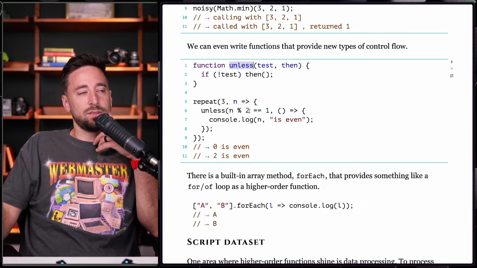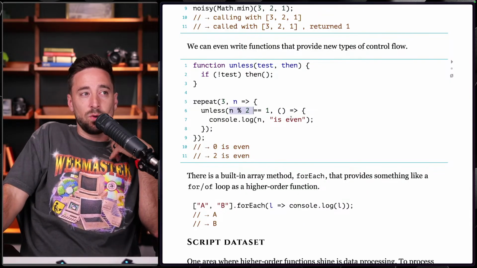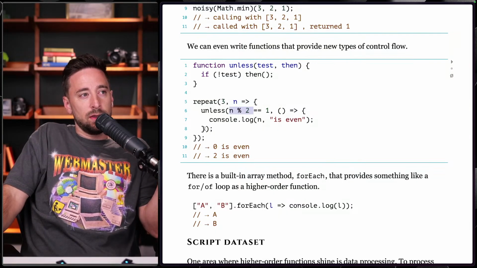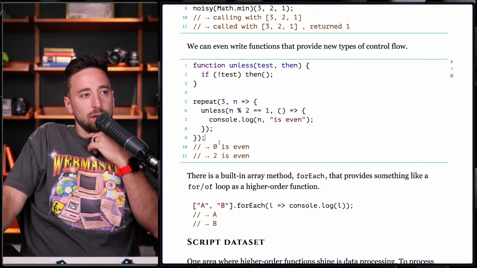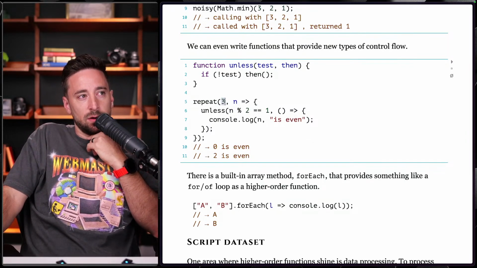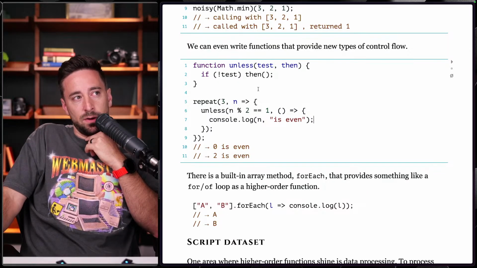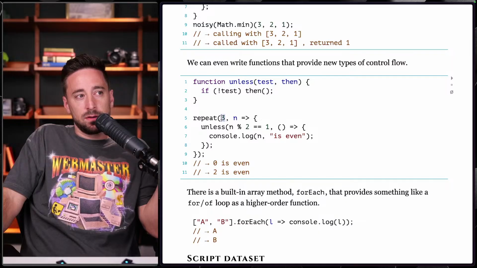So we're pulling this function in and saying if n modulo 2 is equal to 1, if this is true, then we're going to pass back this console log is even, right? So now when we actually console log this, here we've passed in 3. So we're looping through this and basically saying only if it's even, then do that, right? Otherwise, it just doesn't do anything. So it doesn't do anything with number 1.